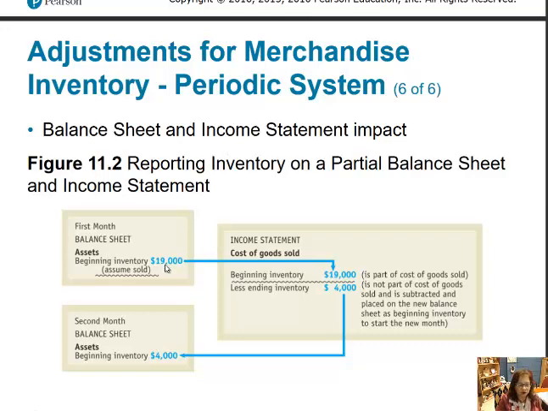We begin with, of course, the beginning inventory. And then, of course, we're looking at the inventory that we have here, which is part of the cost of goods sold. And then we have your inventory, which is not part of the cost of goods sold.